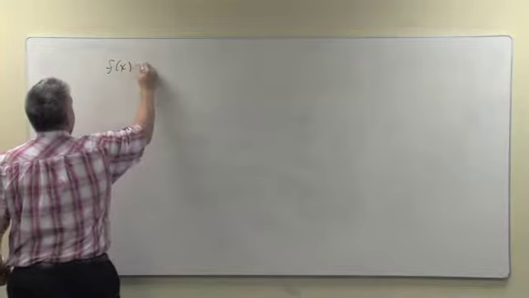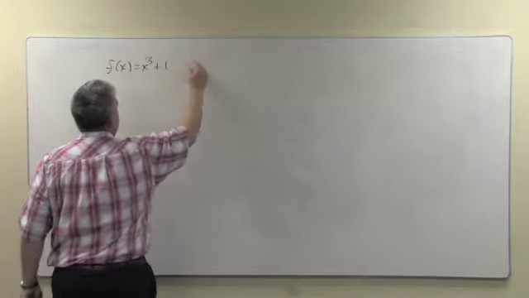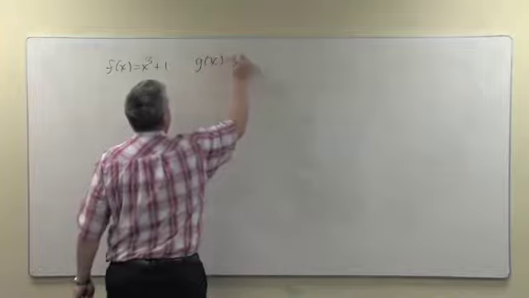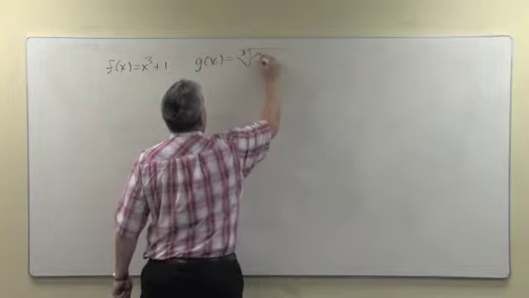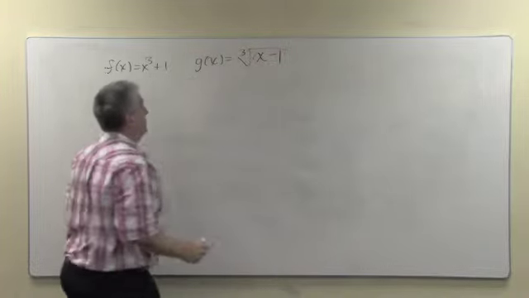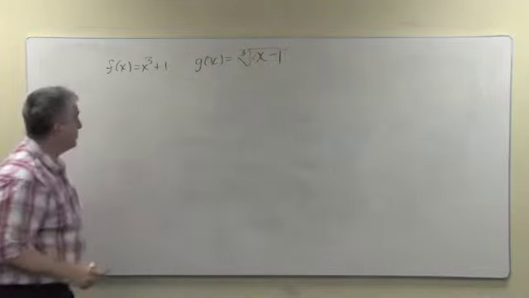F of x is the cube of x plus 1, and g of x is the cube root of x minus 1. Let's form the composition. And you might want to try this at home or wherever you're watching this. So let's do f circle g. Okay, what does f circle g mean? Well, f circle g means f evaluated at g of x.